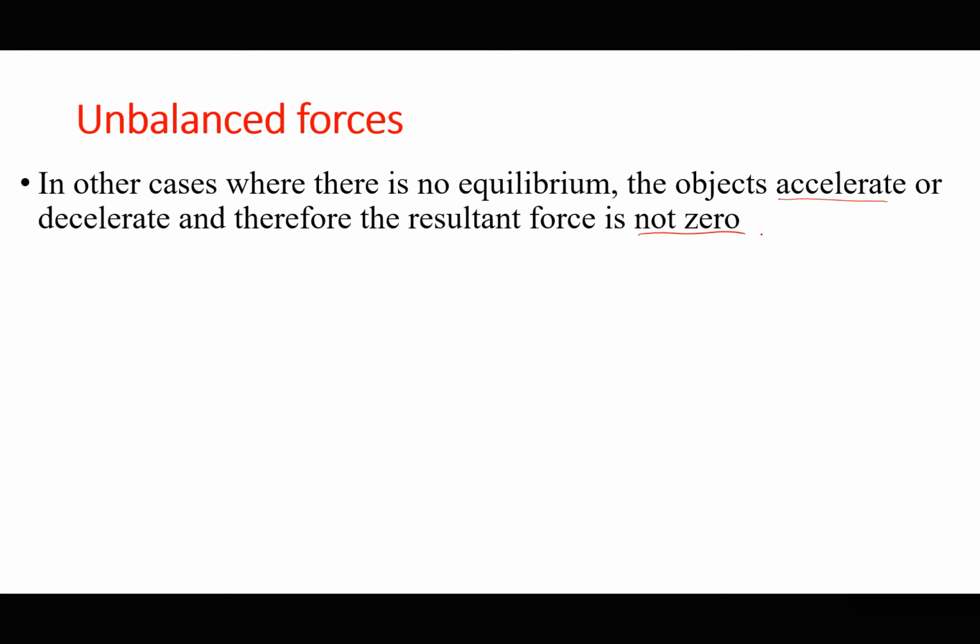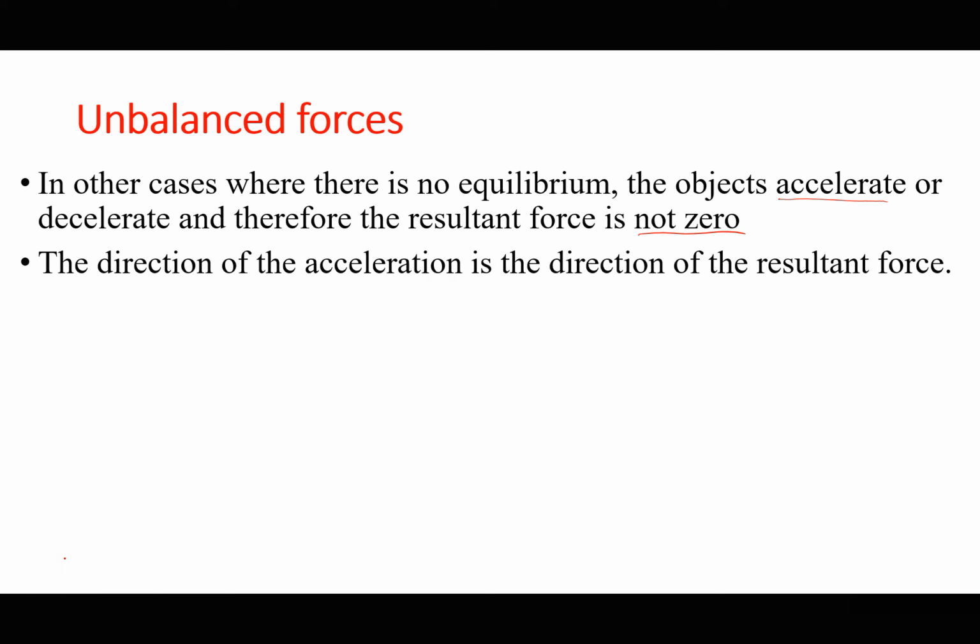So there will be an acceleration, which is not zero. And we have just said that the direction of the acceleration is the direction of the resultant force. That is in accordance with Newton's second law, that F equals ma, and F and a are always in the same direction.